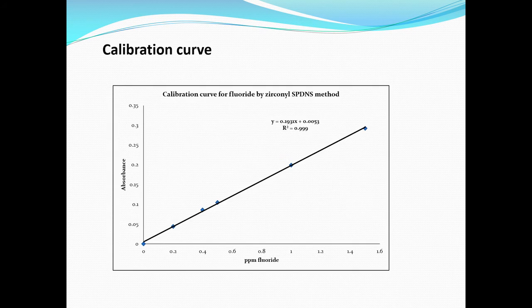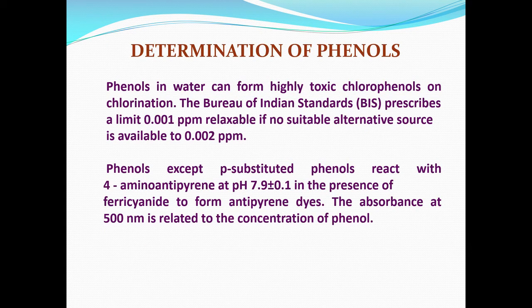You will be in a position to determine fluoride up to plus or minus 0.1 ppm. Requirement is 1 ppm, but your capability would be 0.1 ppm. So, this is the calibration curve.